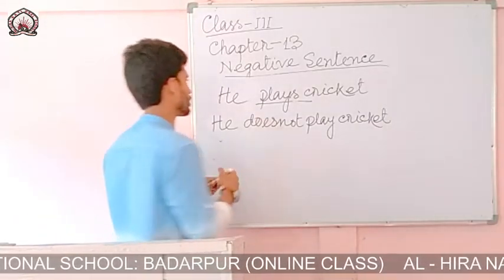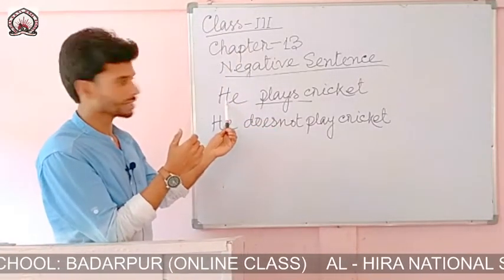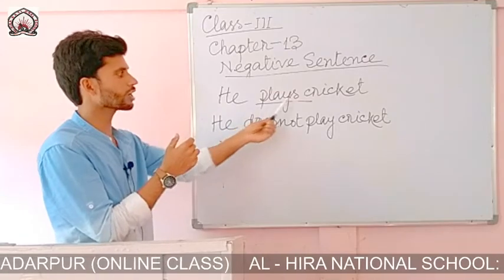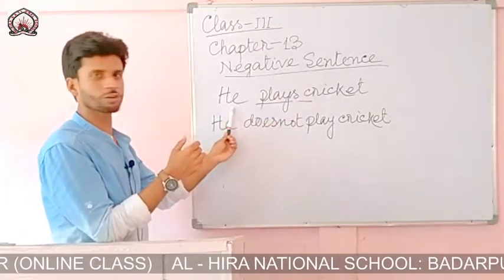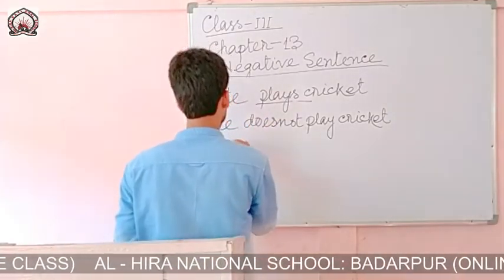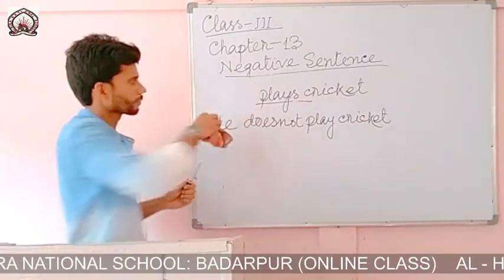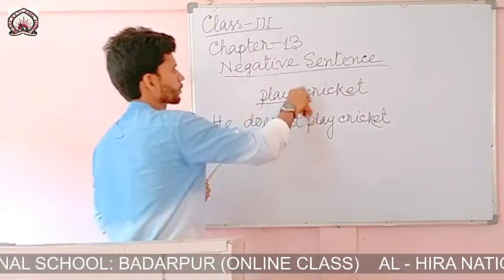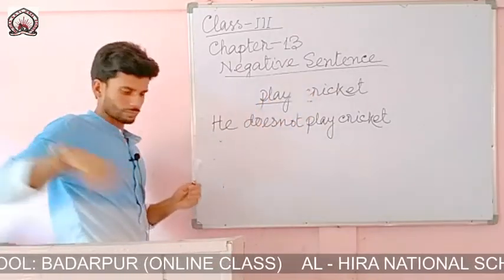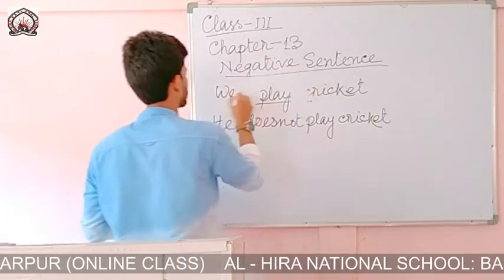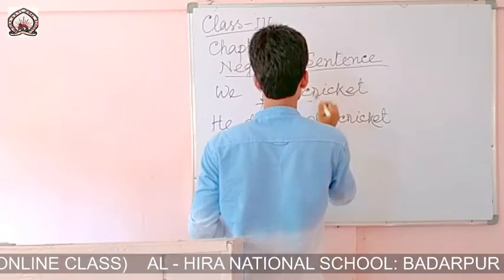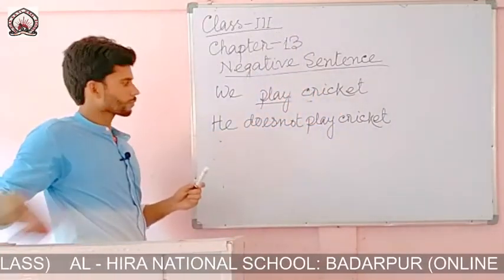I am writing one more sentence. If in place of he, which is third person singular, so s was there with the verb, if I write we play cricket, then what will happen?